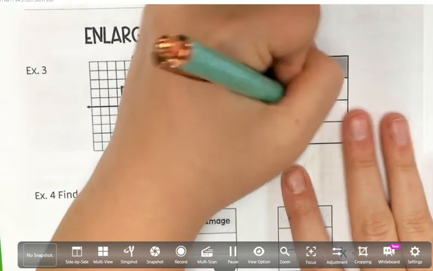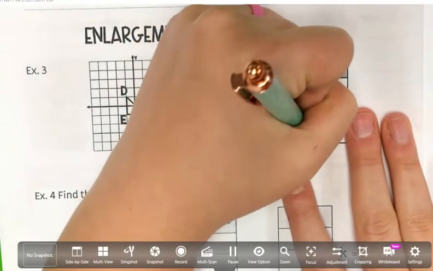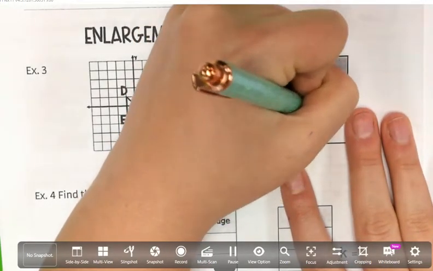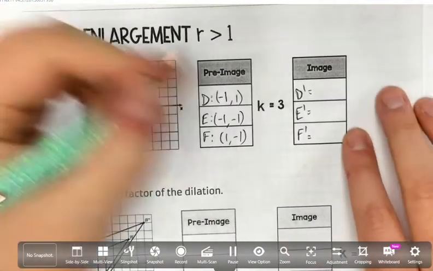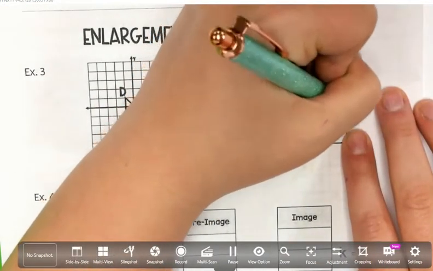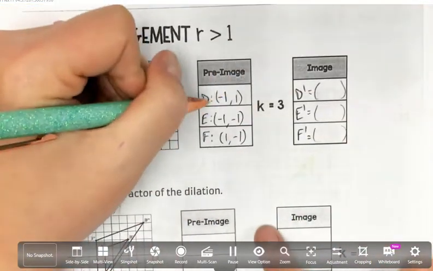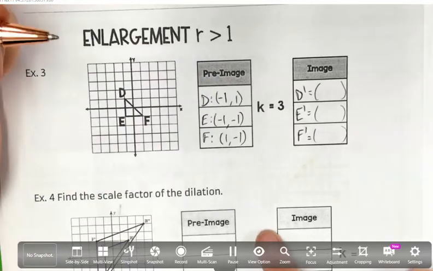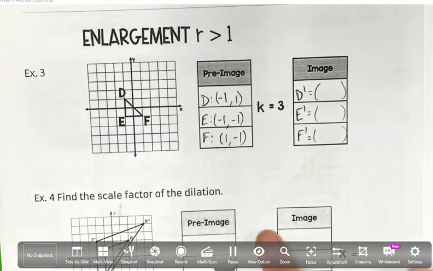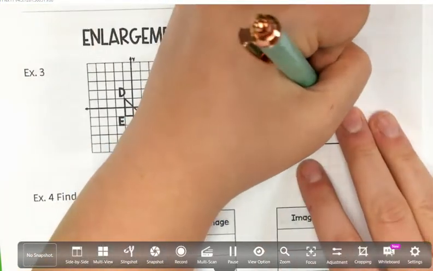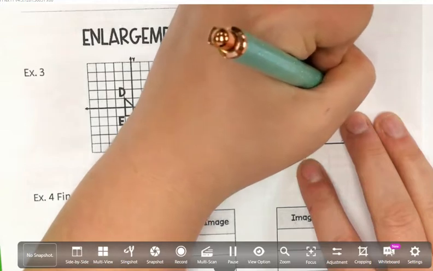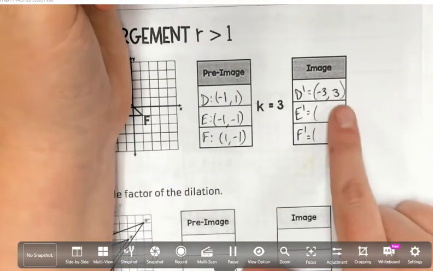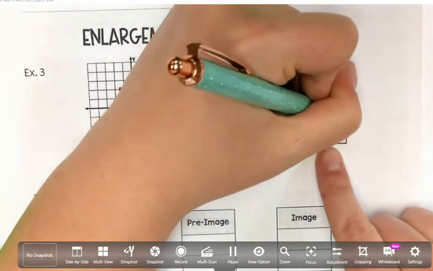And then we want our D prime, our E prime, and our F prime. And to figure all of those out, we simply need to take our numbers individually. We need to multiply it by that scale factor. So -1 times 3, -3. 1 times 3 is just 3.